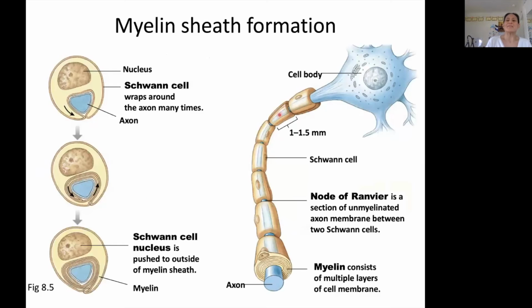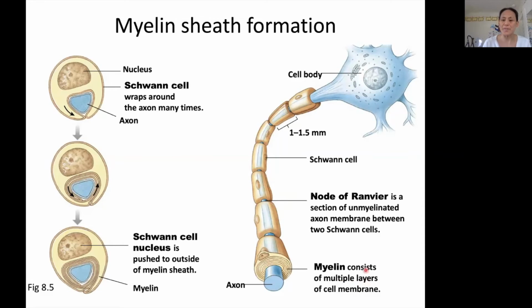Okay. So actually, I think starting from the right here maybe is a better way to approach this. What you're looking at here is a neuron with its cell body and its axon, okay? And along the axon of some but not all neurons in the body, we have these what are called myelin sheaths.